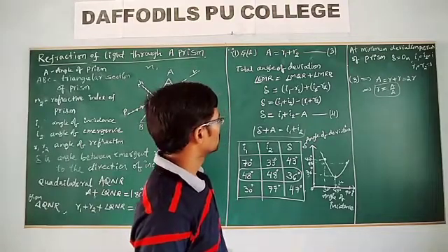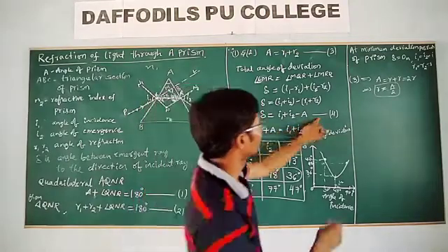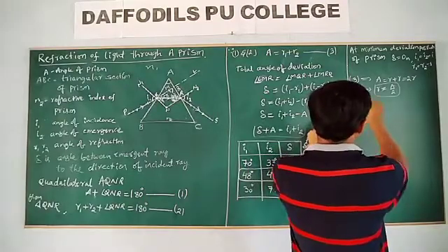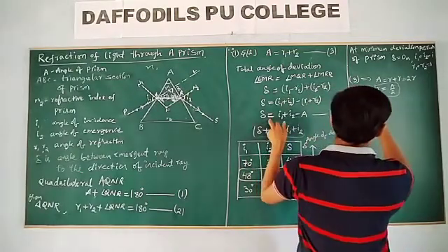Similarly, from equation 4, delta is nothing but dm.